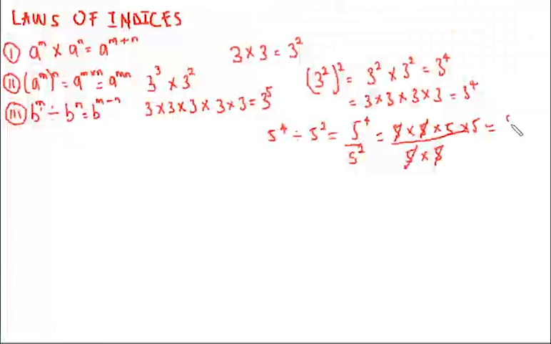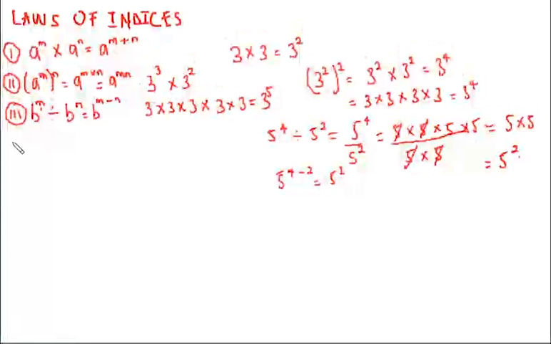So I'd ultimately have 5 times 5. To write it in a short form, or the index form, I'd have 5 squared. But if I were to apply this law, I'll just say 5 raised to power 4 minus 2, which is equal to 5 to the power of 2, since 4 minus 2 is 2. So it's basically the same thing.